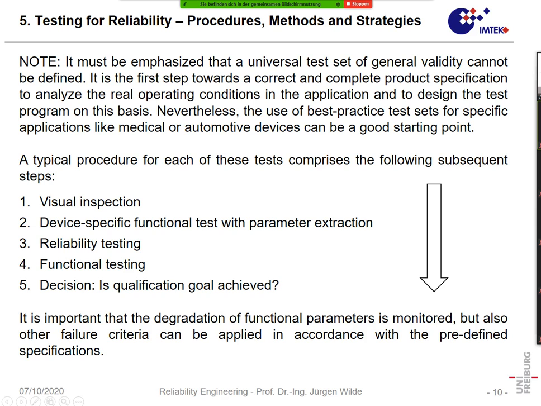For instance, for sensors, you first extract all of the parameters, for instance, sensitivity, offset, linearity, and so on. Then you go through all of the reliability testing, which I was showing you in the table, and then you do the functional testing again.